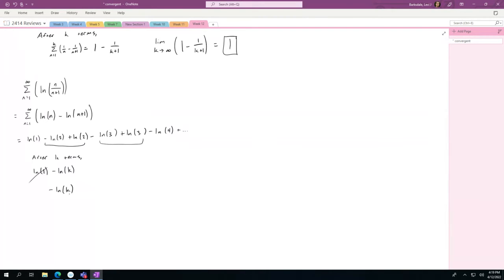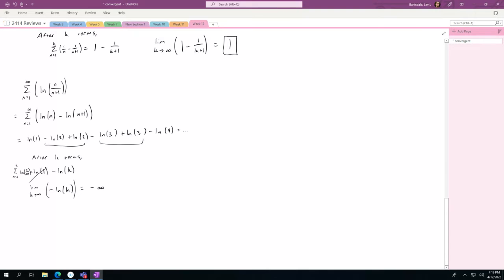The thing is, though, what's the limit as k goes to infinity in this case? What's the limit of the natural log as it goes to infinity? It is infinity.